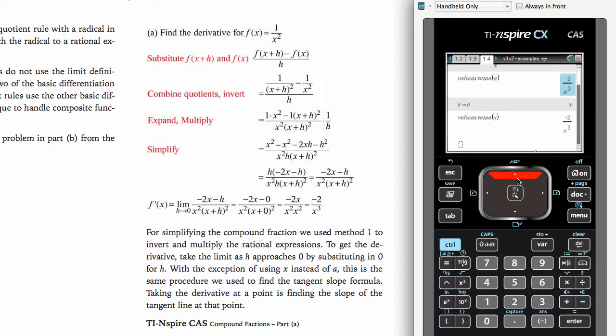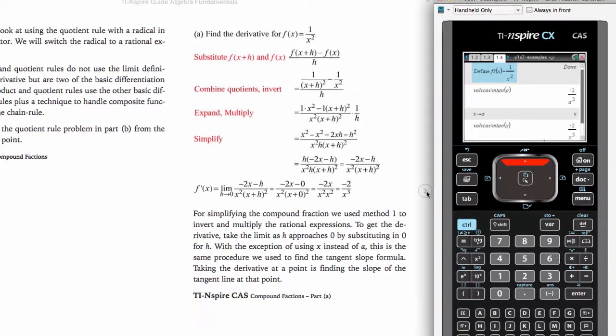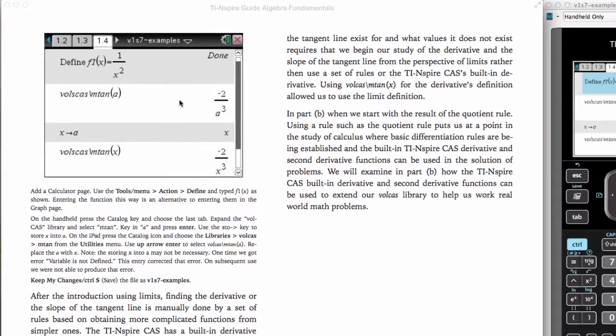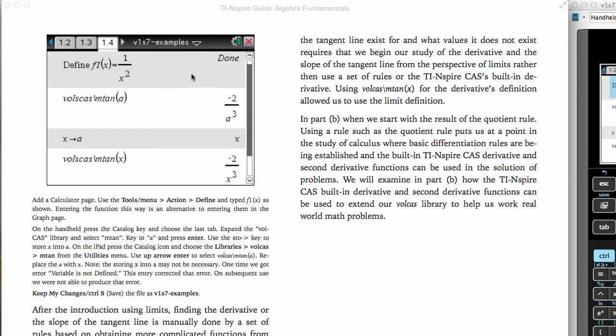If we go up a little bit more, we'll see that we defined a function to be 1 over x squared, and that's how we worked the problem out by using our calculator and the library that we put together. Okay, turning to the next page, here's a screenshot of what's shown on our calculator.